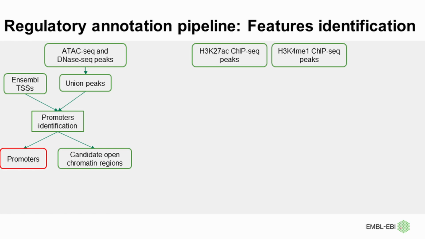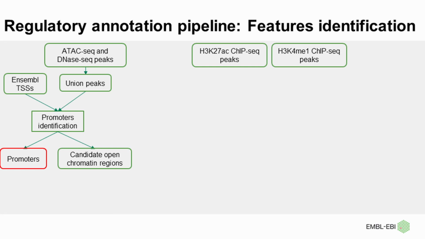This set is then compared or integrated with the annotation of TSS that we retrieve from ENSEMBL. And then we define promoters in a broad way, like calling the regions from these union peaks that are falling in windows that we define around the TSS.